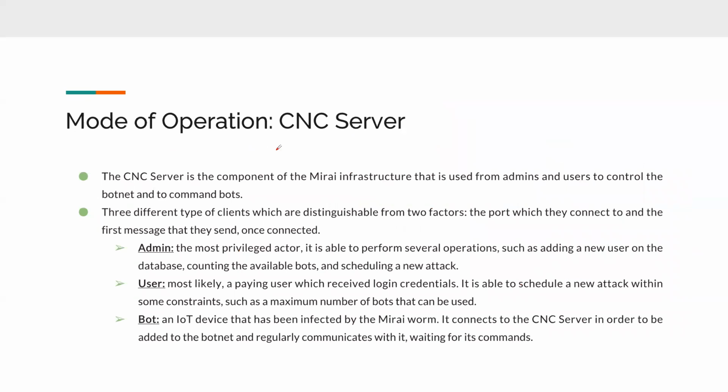The CNC server is the component of the Mirai infrastructure that is used by admins and users to control the botnet and to command the bots. There are three types of clients. The first one is the admin, the privileged actor, who can create new users and schedule a new attack. Another type of client is the user, who is less privileged.